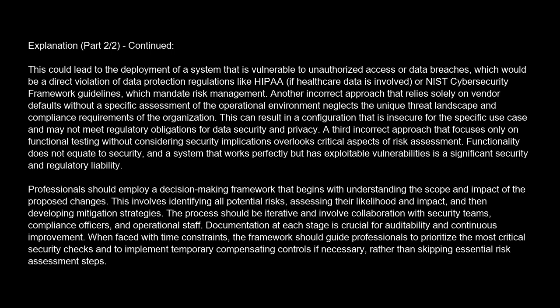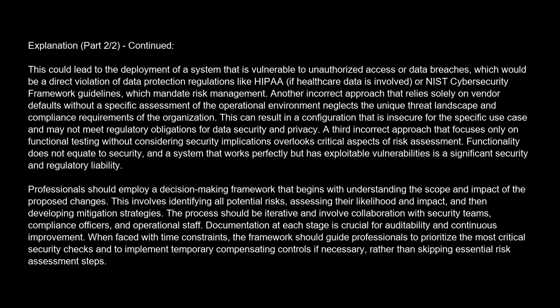A third incorrect approach that focuses only on functional testing without considering security implications overlooks critical aspects of risk assessment. Functionality does not equate to security, and a system that works perfectly but has exploitable vulnerabilities is a significant security and regulatory liability. Professionals should employ a decision-making framework that begins with understanding the scope and impact of the proposed changes.